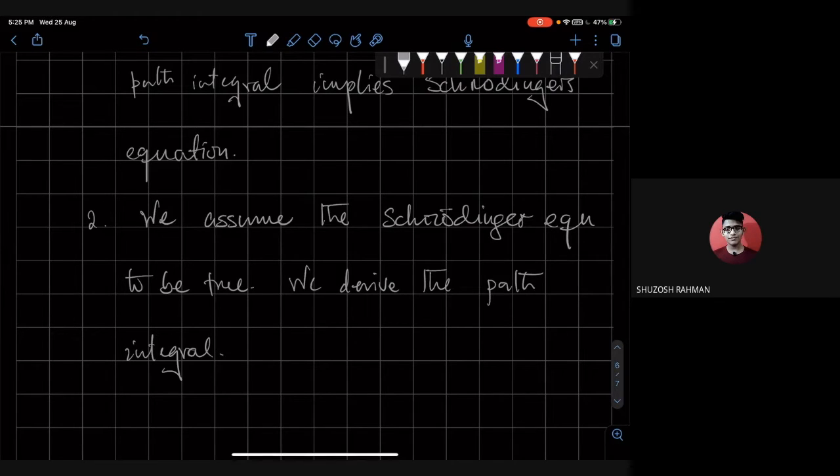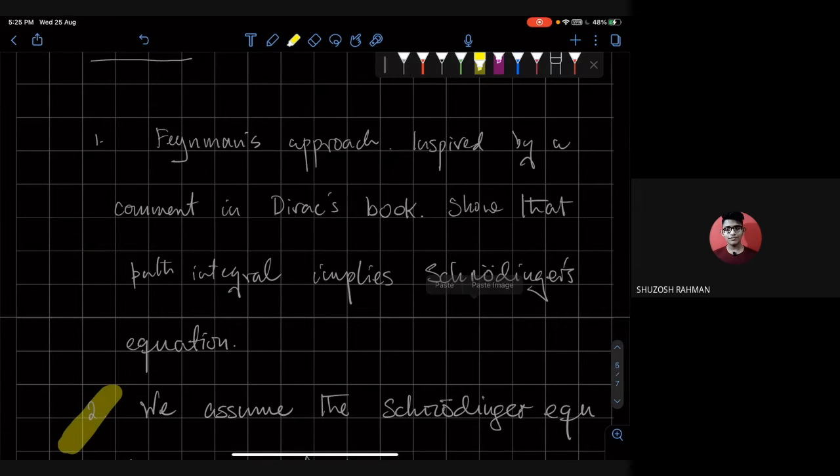Okay, so one way or the other. In most textbooks these days, people take the second approach because it's easier to understand. There are a lot of mathematical steps, at the end of which you arrive at the path integral. But I think that it's instructive to know both.